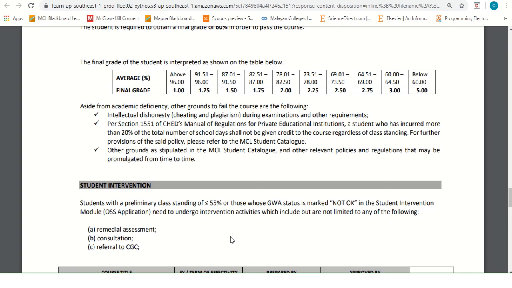And for the intervention, I will be posting my schedule as well, so that you will know my schedule. In case you need intervention, you can visit me, and we can talk over the issues that affect your class standing.